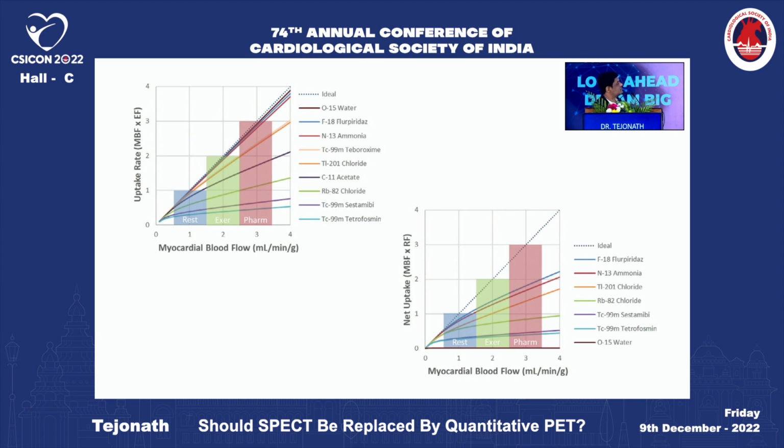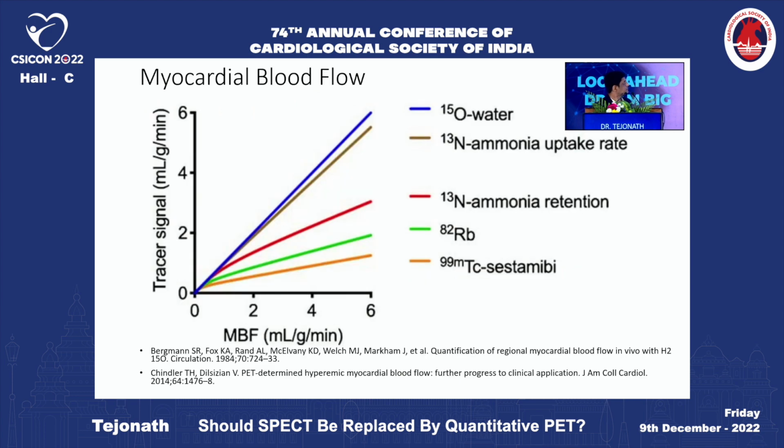If you see the uptake of these tracers into the myocardium, O15 water does not have any uptake. It is just a perfusion agent, freely diffusible, and it cannot be used for MPI. But it is an ideal tracer for quantification of myocardial blood flow reserve and other parameters.